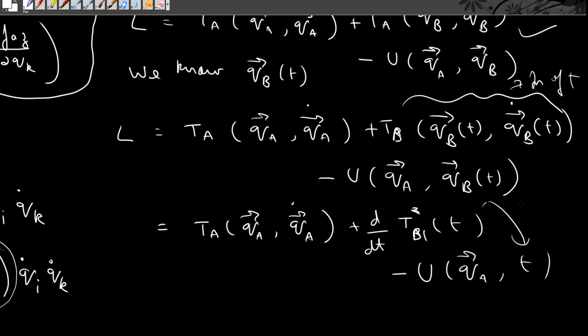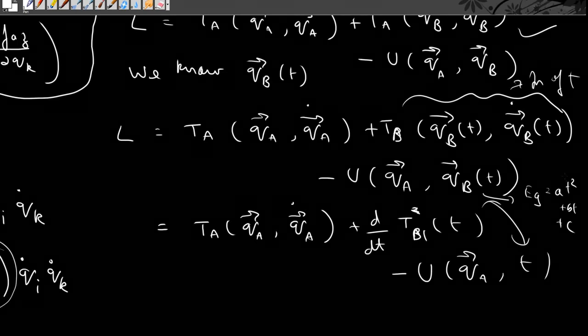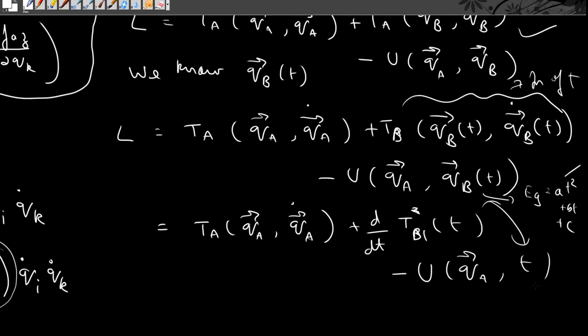So what I have done here is that QB is expressed in terms of t. Okay, so this, for example, can be A t square plus B t plus C. Then U will be dependent on QA and the variable time, and that is what I have written here.